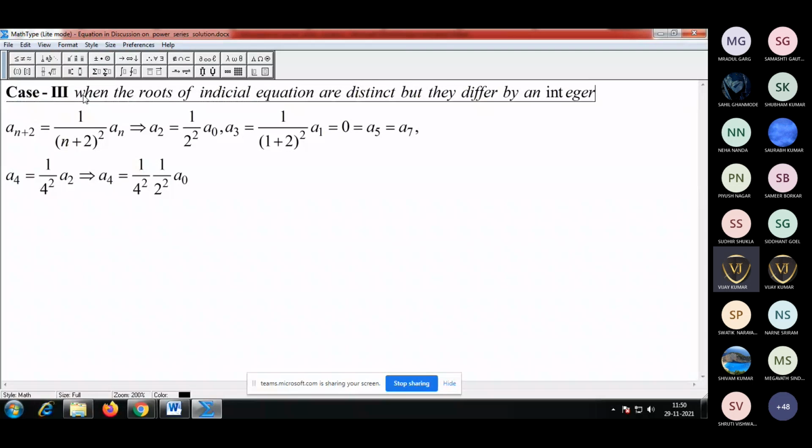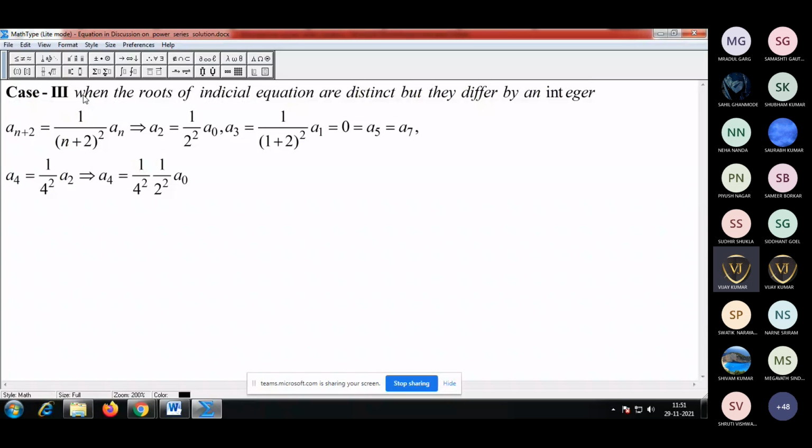So in this case, it is going to divide into three sub cases. Ultimately, our aim is to find the general solution, and the general solution will be obtained if we get two linearly independent solutions. Sometimes we directly get the two linearly independent solutions in this case, and then there is no need to do anything.